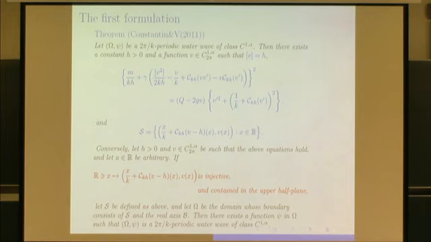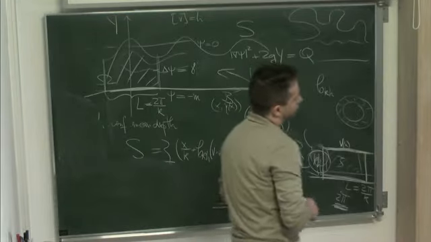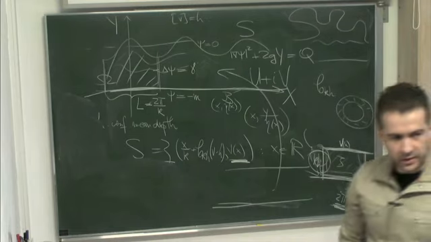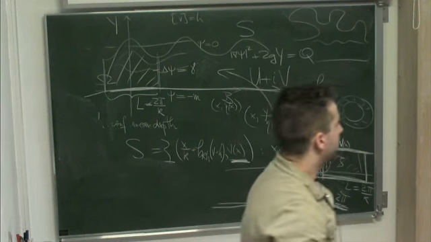If there is a periodic wave, then there is a constant, the conformal mean depth, and a function with average h, which satisfies this. And then the curve is the image of the real axis through this conformal mapping, so the free boundary has this parametric representation. You can go in the other direction as well.